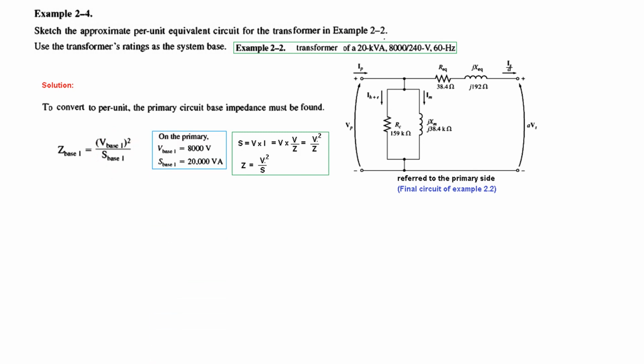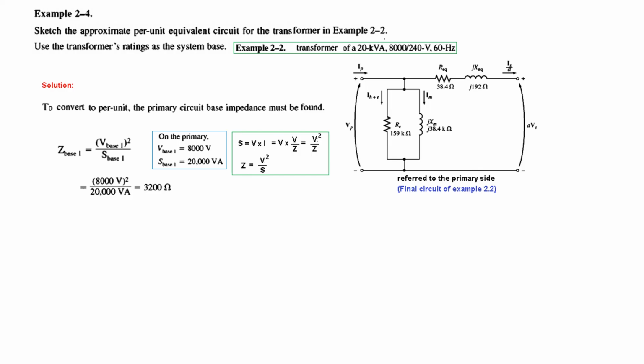So putting in the values, we know the V base is 800 and S base is 20 kVA. So we plug in these values. So our Z base 1 will be 3200 ohms. So we have found the Z base.